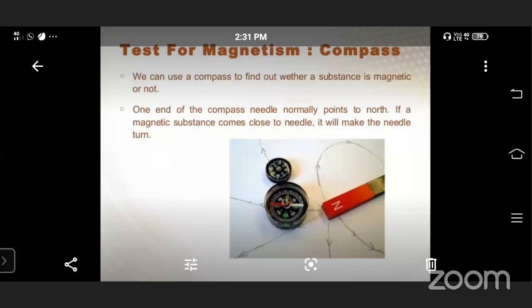So a compass is used to find direction. The aeroplane and mountaineers and army people also carry this compass. Why? Because they do not lose their way. So if the compass is there with them, it helps them know which direction they are moving. Children, I hope you all understand. Can I move on to the next topic?